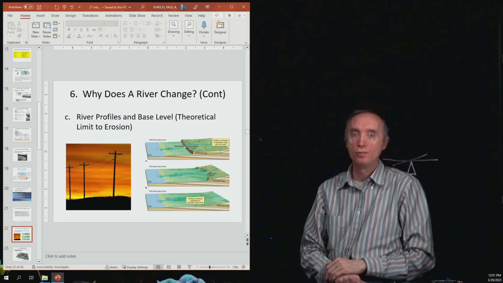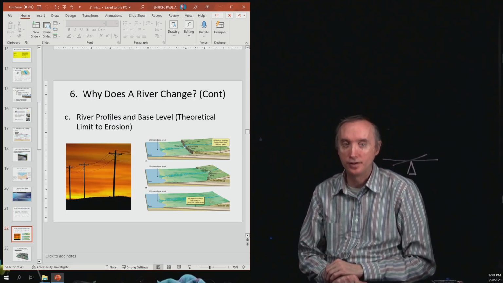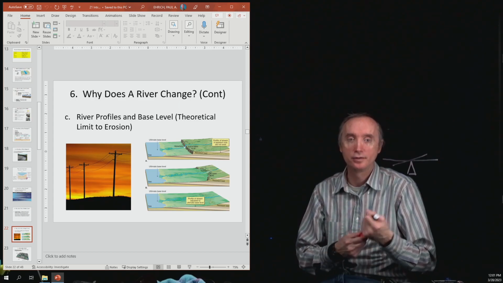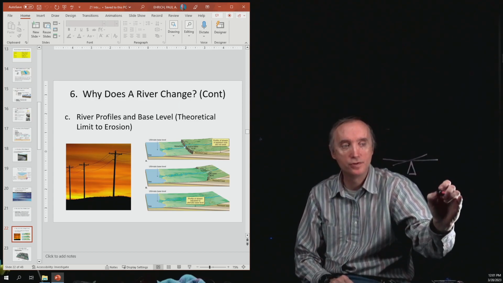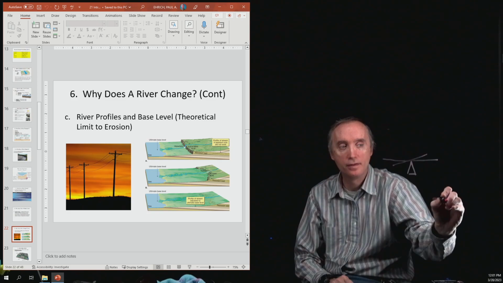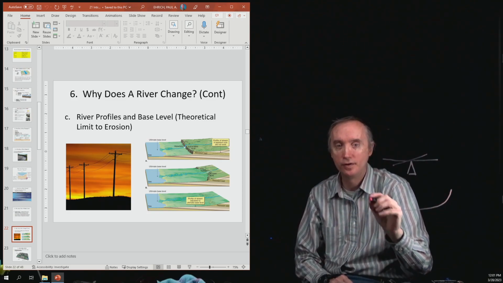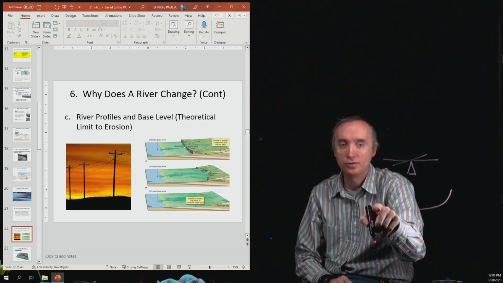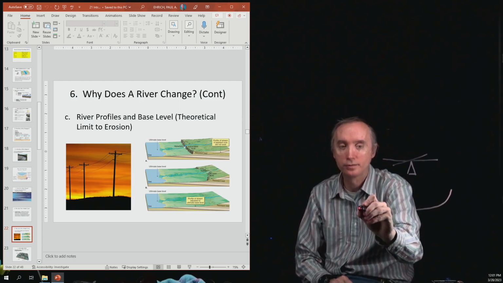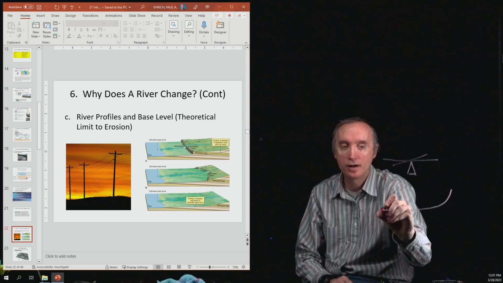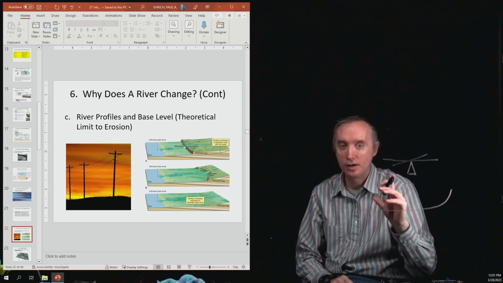Okay, let's talk about what a river profile is. In this picture, the mountains would be on this side, and the river comes out of the mountains and is eventually going to flow into a body of water. In this case, the body of water is going to be the ocean.